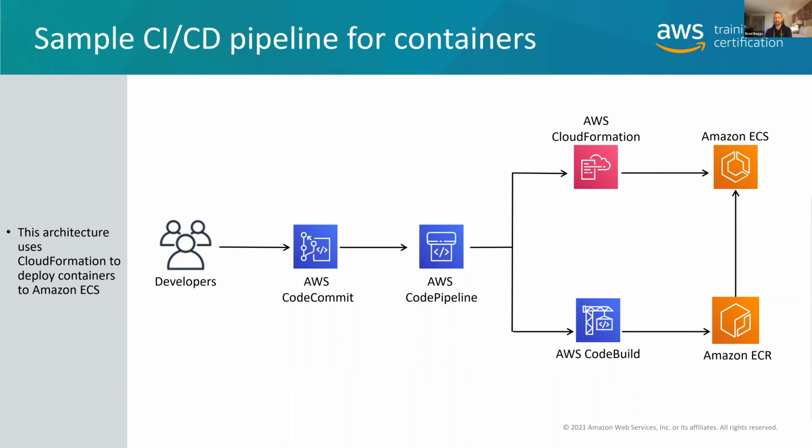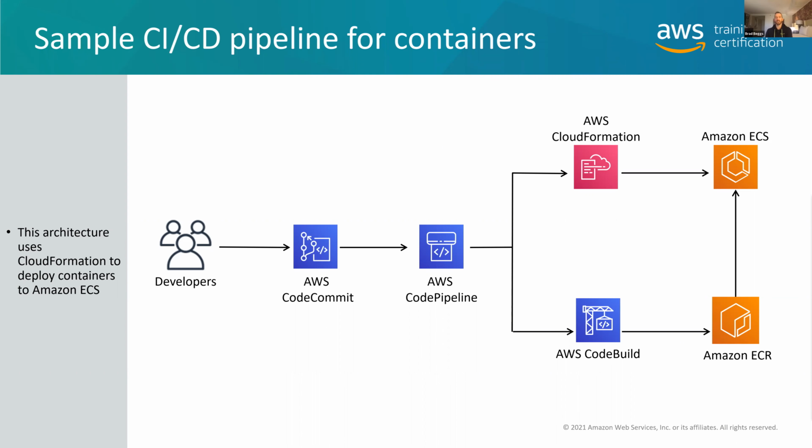But not concurrently, because as I interpret the diagram, both things happen at the same time. But wouldn't you need to update ECR first and then kick off the CloudFormation? Yeah, CodePipeline would figure that out in order, right? CodePipeline would do the build first before it triggered the update. You would specify that in order.